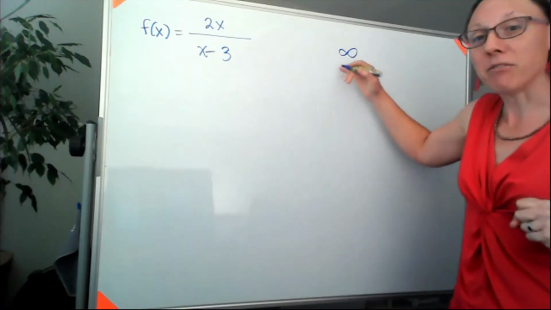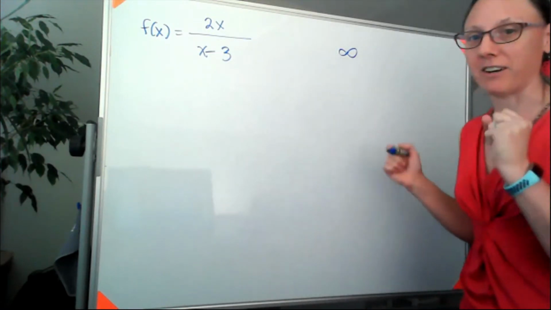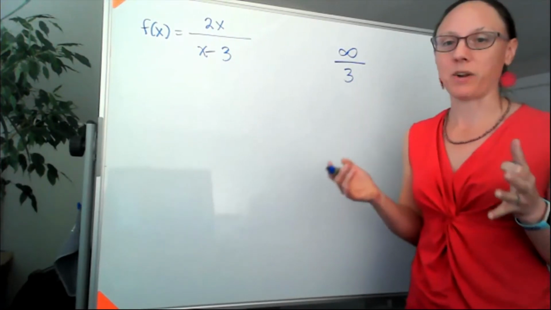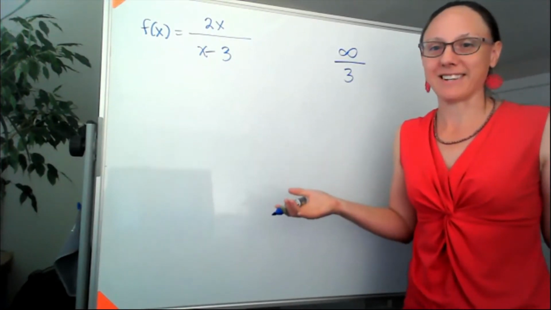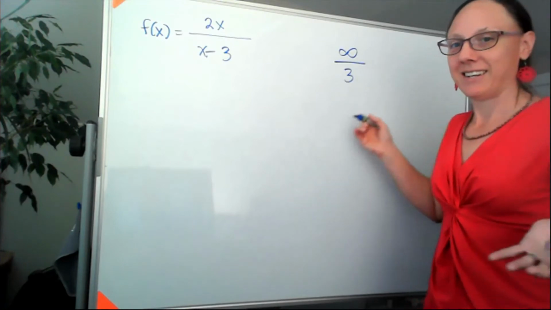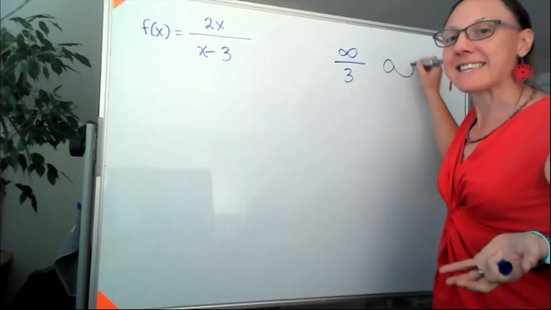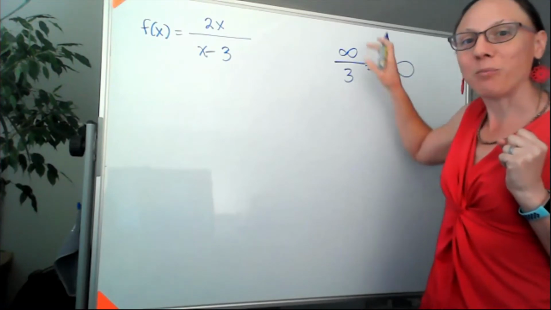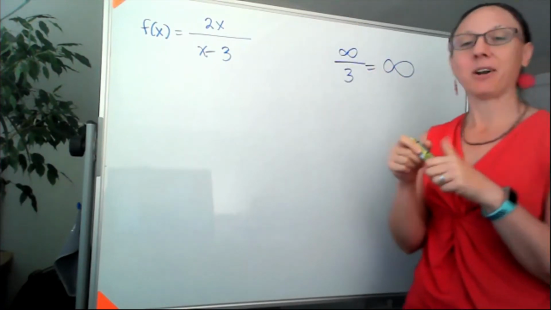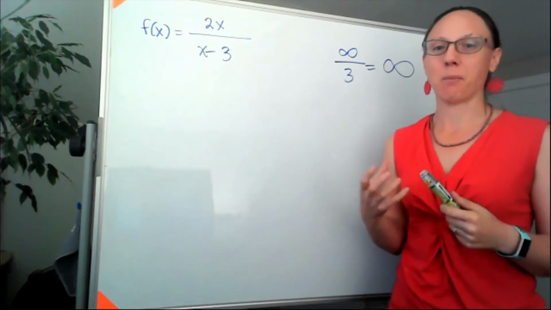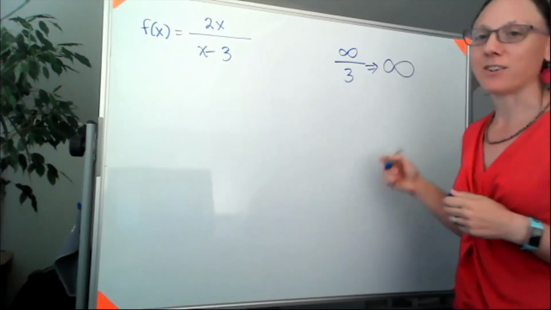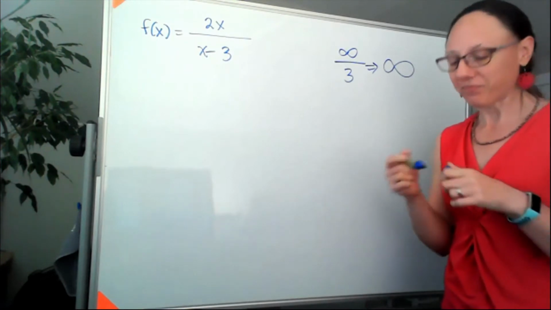So he's got, from my perspective, an infinite amount of money, and he divides it evenly among 3 of his favorite organizations. Everybody still has a whole heck of a lot of money. So infinity divided by a number, it actually doesn't matter how big this number is, is still heading towards infinity.